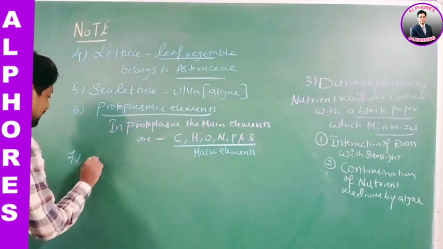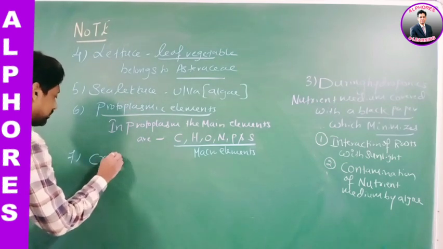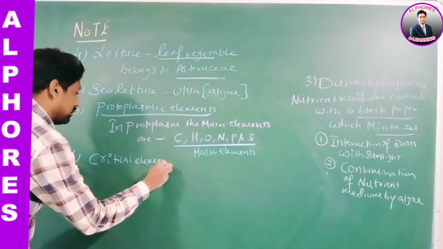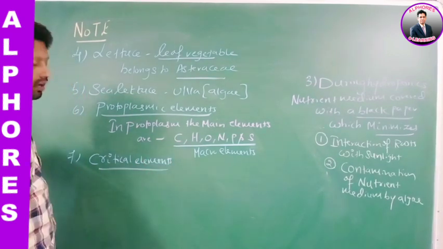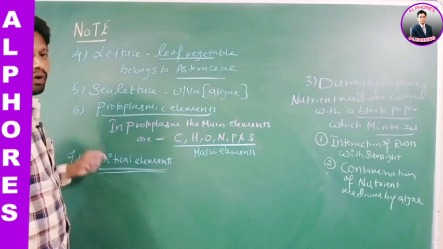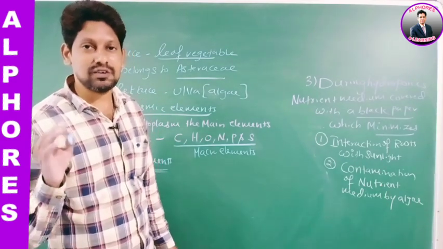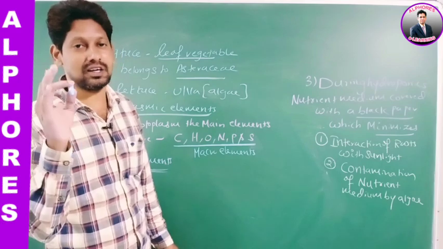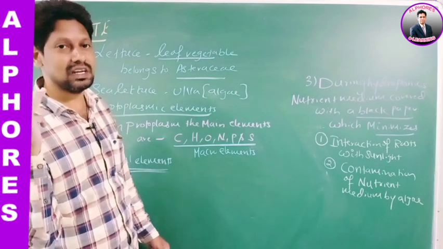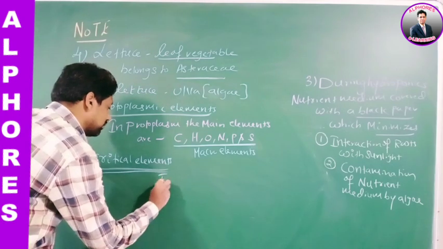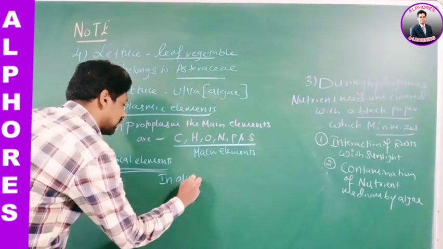Next, number 7, critical elements. What are critical elements? Now listen here. In almost all types of soils, nitrogen, phosphorus and potassium are deficient. That's why these 3 elements are called critical elements, right?